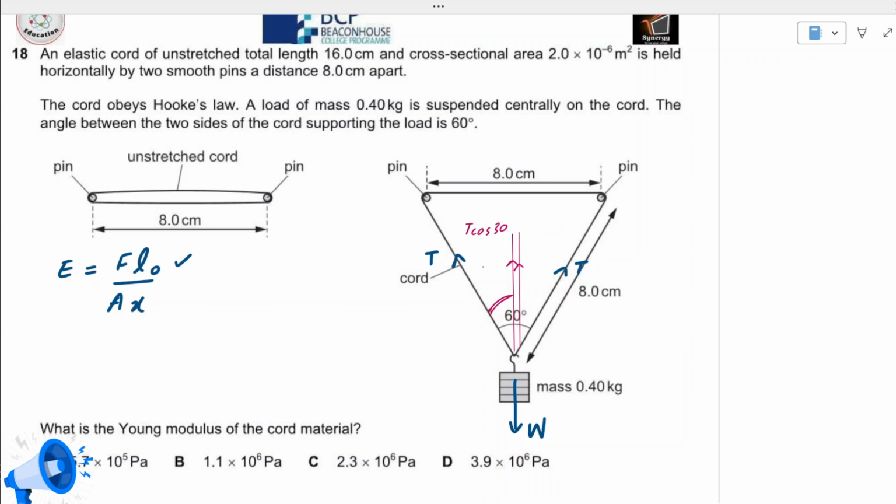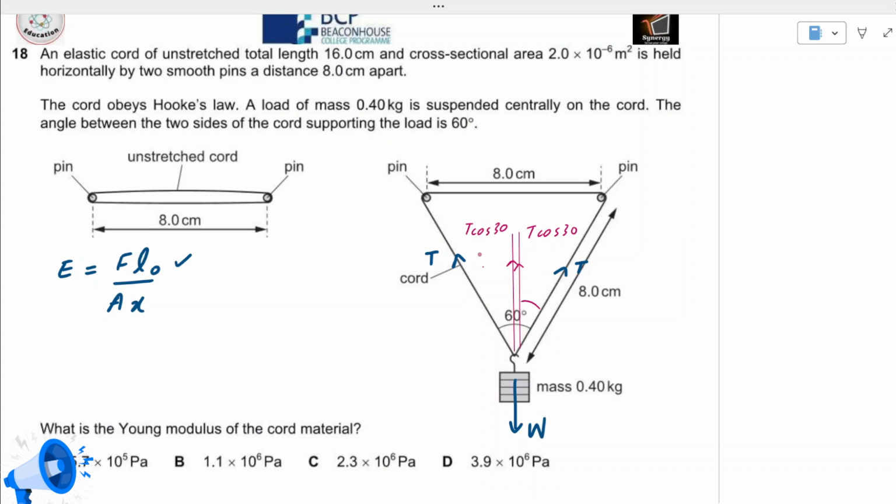You see, this angle is 30 from the middle. And for the second one, it would also be T cos 30, because from the middle one, the angle would be 30.